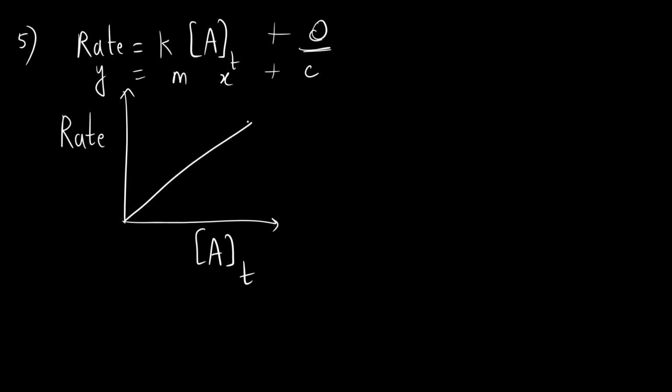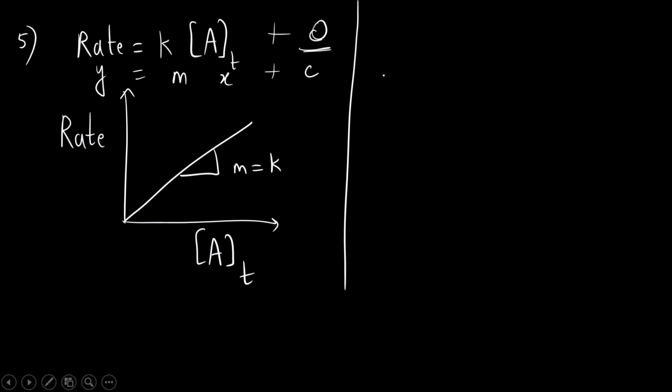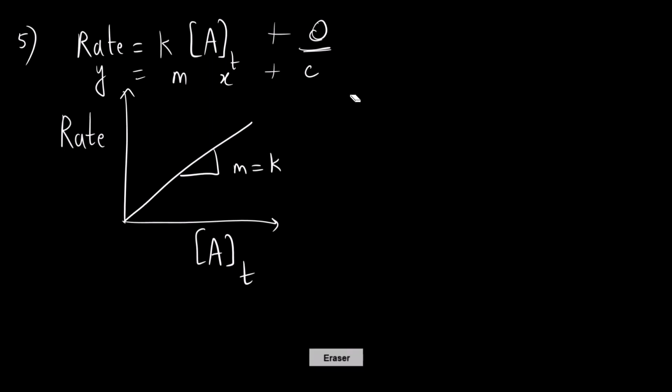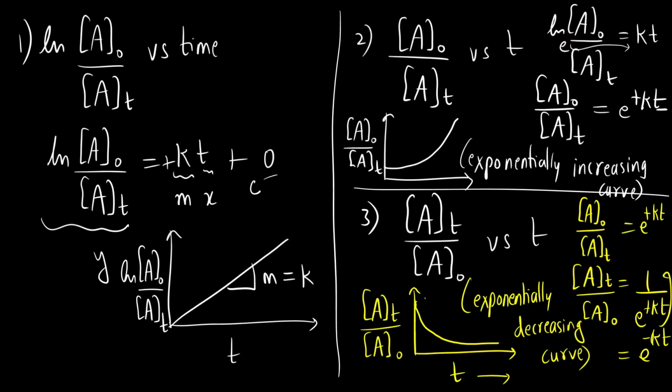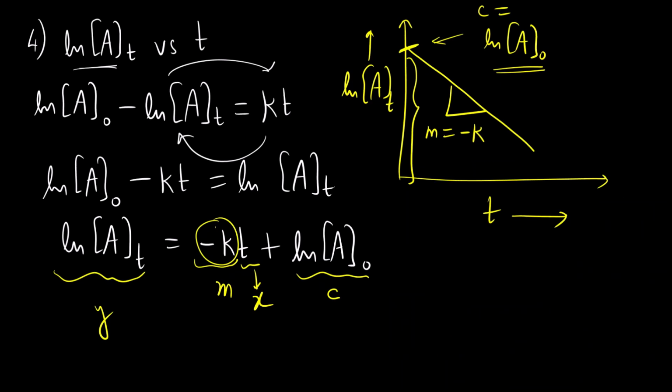So this will again be a straight line. Slope is the rate constant k. So this was the fifth one. I think this many graphs is enough for now. So we have plotted a total of 1, 2, 3, 4 and 5.